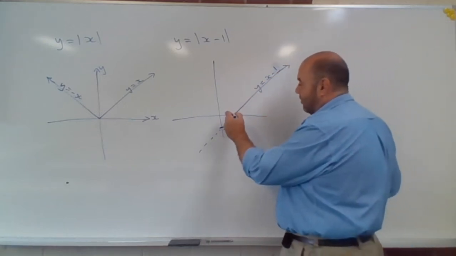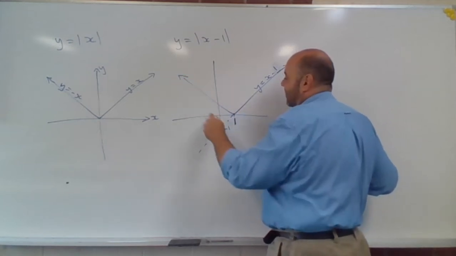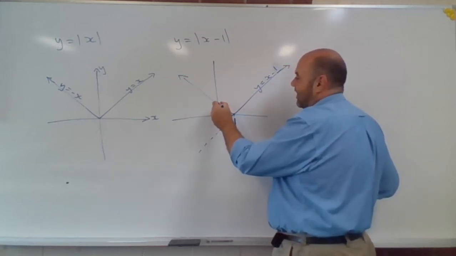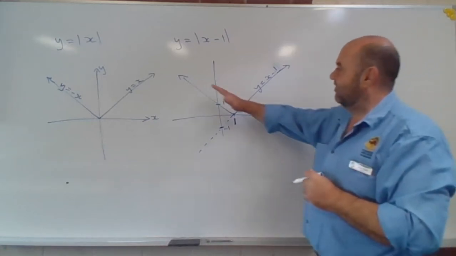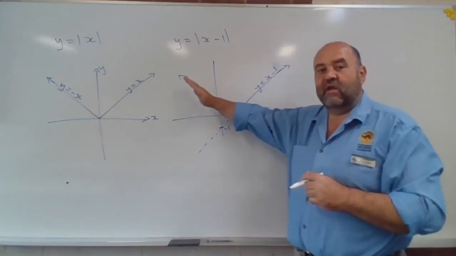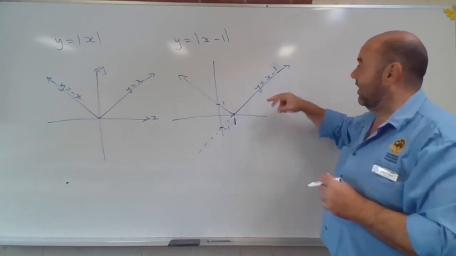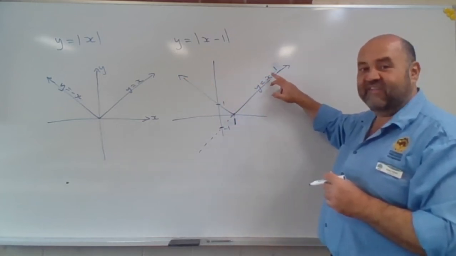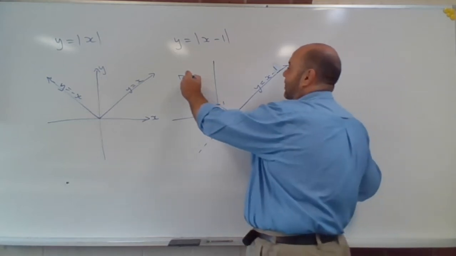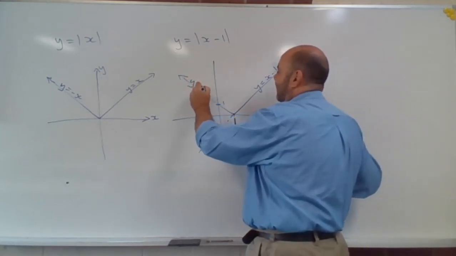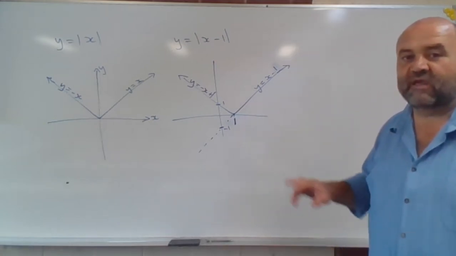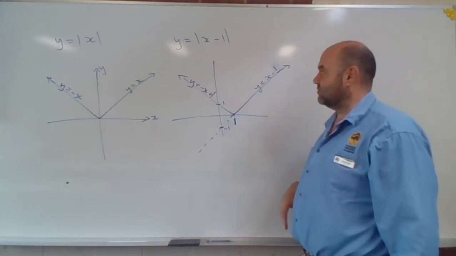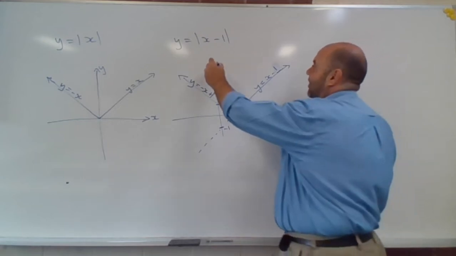So instead of cutting down there at -1, we're cutting up here at 1. The equation of this half of the line is going to be the negative of the equation here. So this is y equals x minus 1, and this is going to be y equals -x plus 1. The negative of that side. And we've drawn our function.